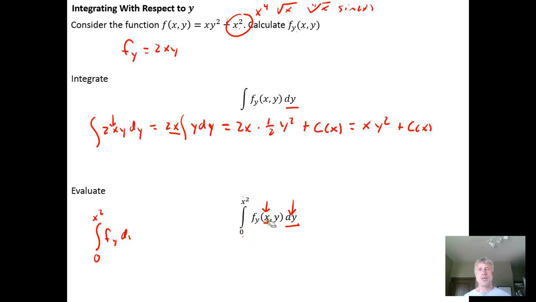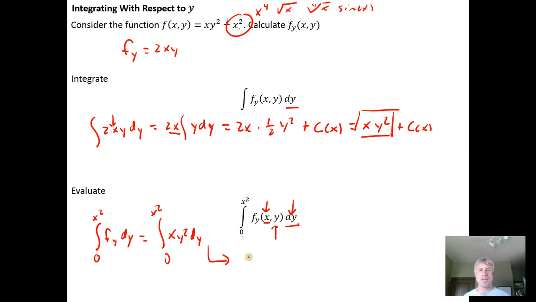So the other independent variable can show up in the limits of integration, but y cannot show up in the limits of integration. So partial derivative with respect to y, so we're going to be integrating the function that we get here, the xy squared dy.